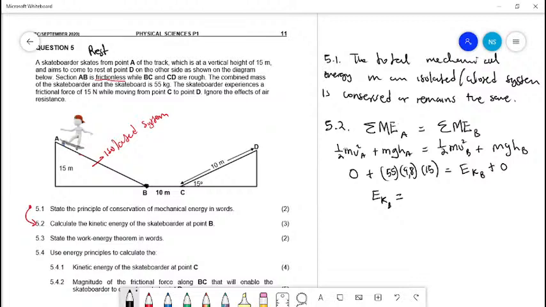I think that will give us an answer of 8,085 joules. So that's the kinetic energy at point B. So don't forget to write the formula. And then now we have to go to the next question.